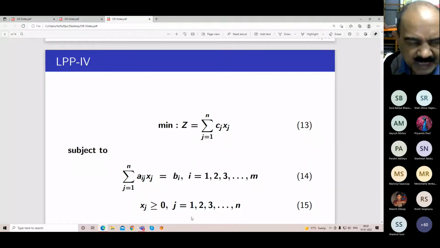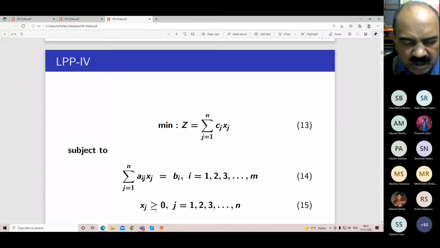Why non-negative? Generally, these variables can be, say, the size of a door: length, breadth, height, the thickness. These cannot be negative.